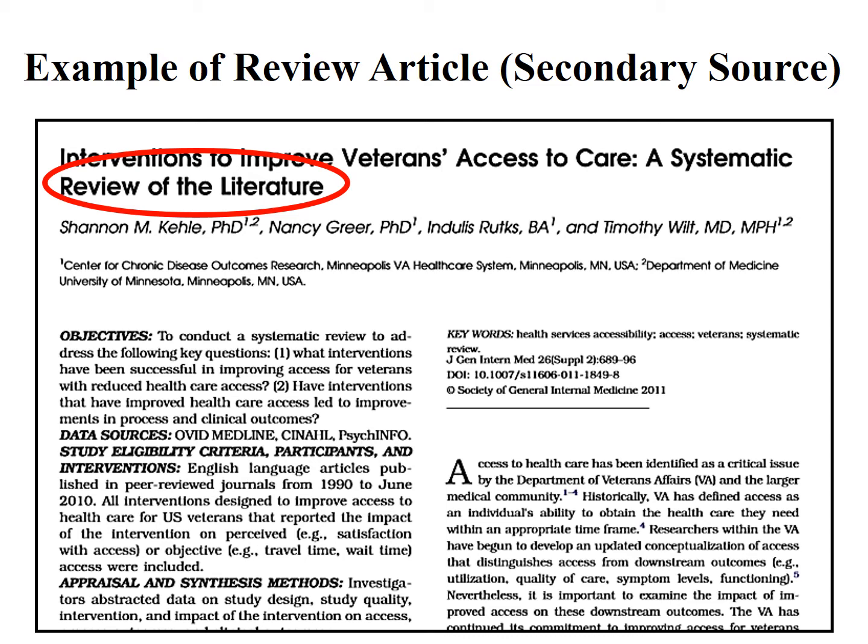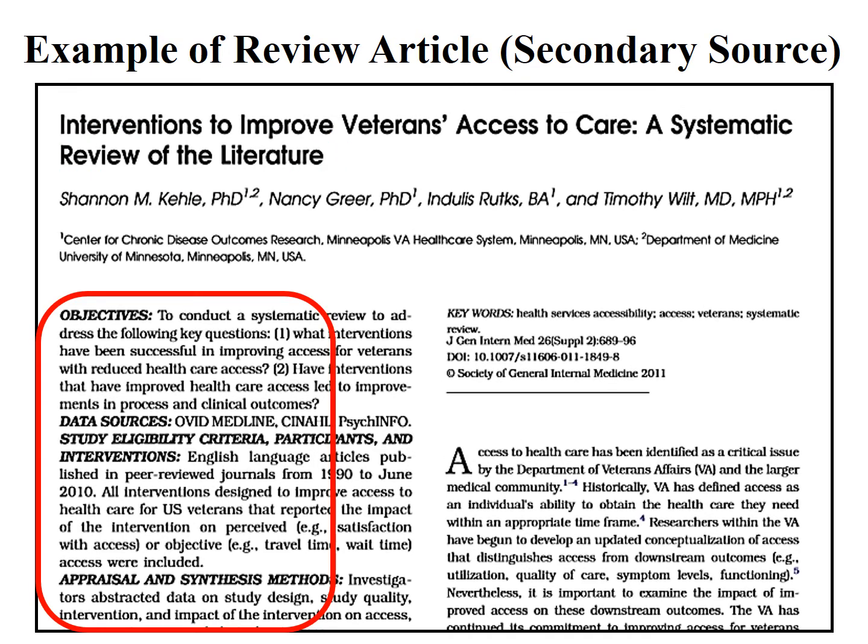And so in the second slide regarding this article, I just wanted to mention another detail. Even though it is a review article, it has some of the same keywords that I told you to look out for to verify if something is a primary or secondary source.